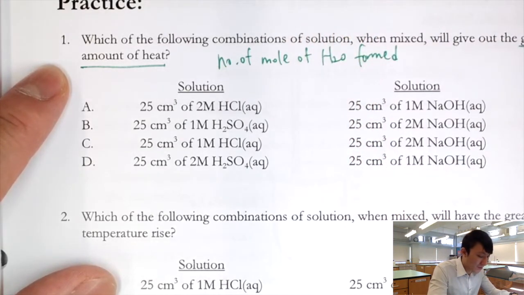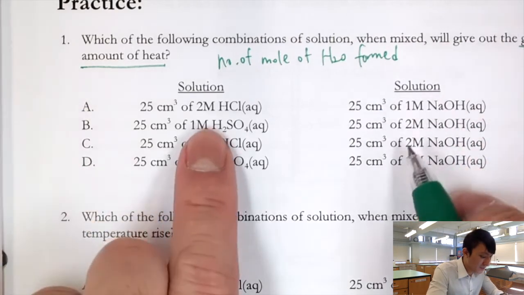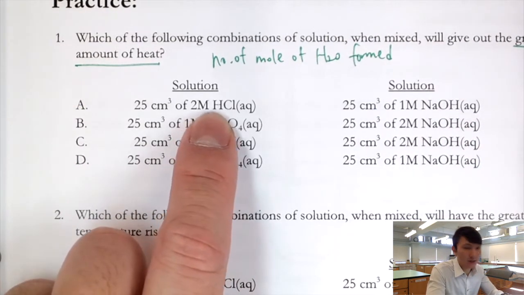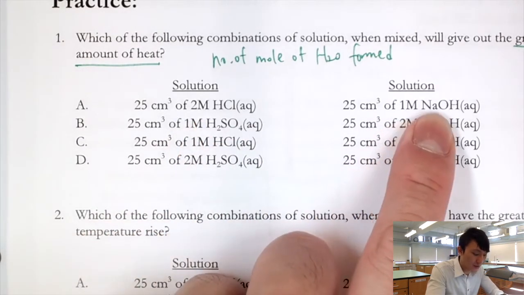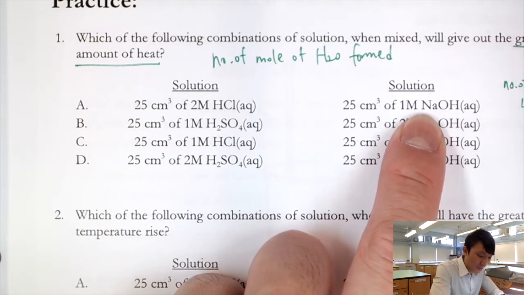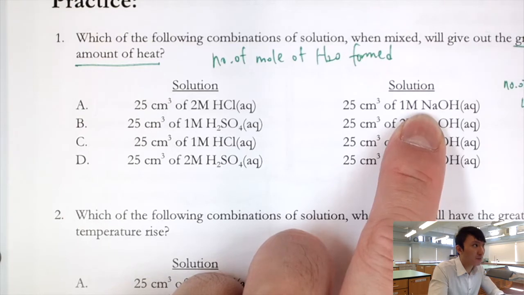Okay, so now the first part here, you can actually do some calculation. Here, HCl is in excess, NaOH is limited. So if you want to look at the number of mole of H2O formed, this one would be 1 times 25, divided by 1000.